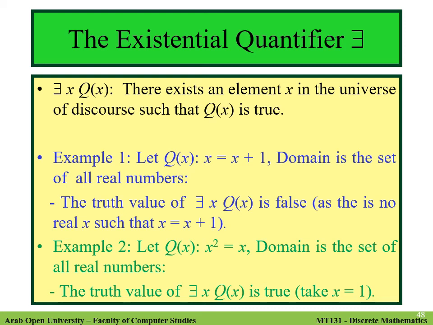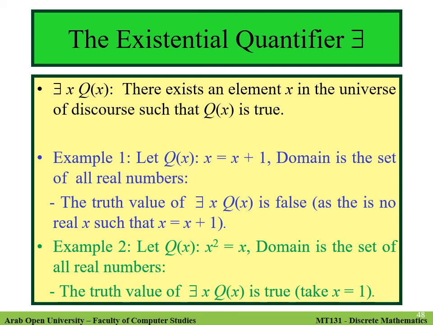In example 2, let Q of x be the statement x squared equals x. The domain is a set of real numbers. Now, if you say there exists an x such that Q of x, this is a true statement. All you have to do to prove it's true is find a value, even one value, where the statement is true.